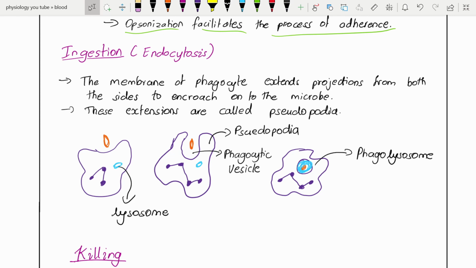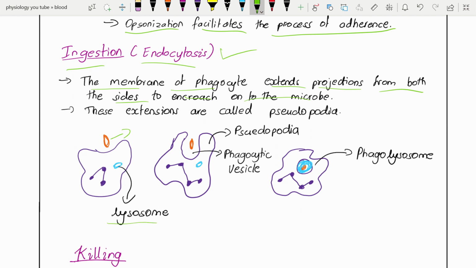Now comes the ingestion. It is also called endocytosis. You can compare with that. Both are the same. The membrane of the phagocyte extends and projects from both sides to encroach on the microbe. Here you can see it is a foreign body or the bacteria, or any substance that needs to be phagocytosed.